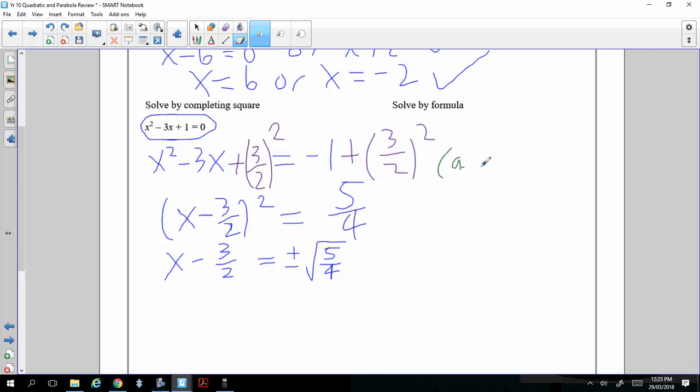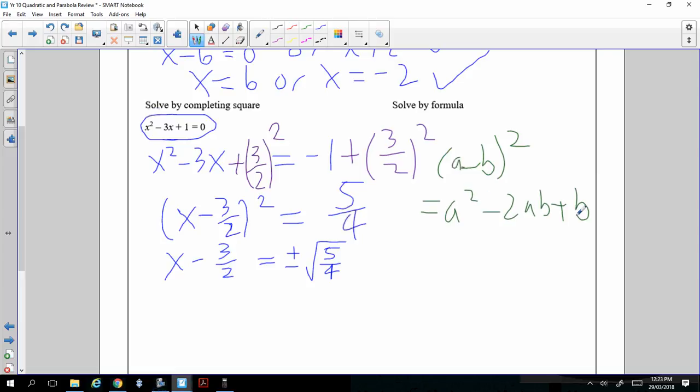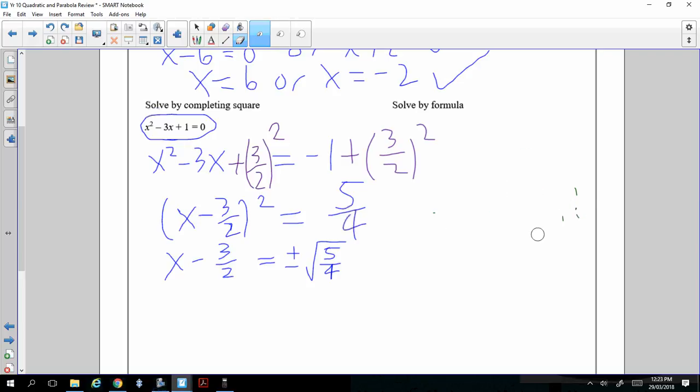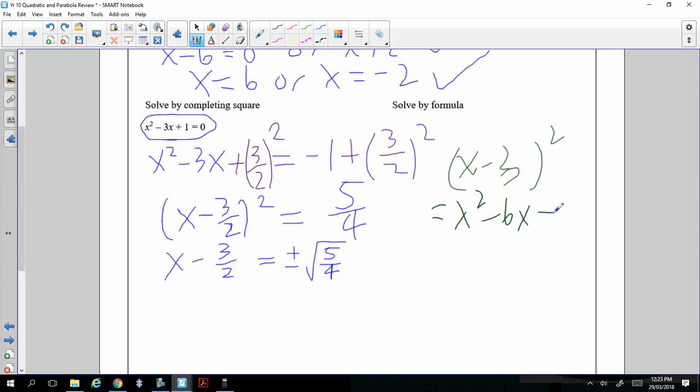Say you have x minus 3 all squared. You get x squared minus 6x plus 9. So if I go back to completing the square, I write x minus 3 squared. See, the minus 6x is gone. That's why it's gone, because I'm going backwards. Okay, good.